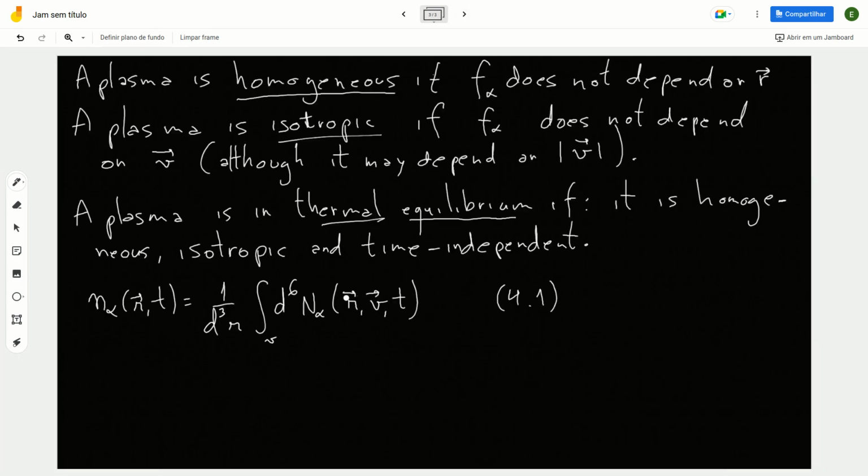Integrating in velocity, we'll end up with just position and time as variables, and dividing by the volume element.